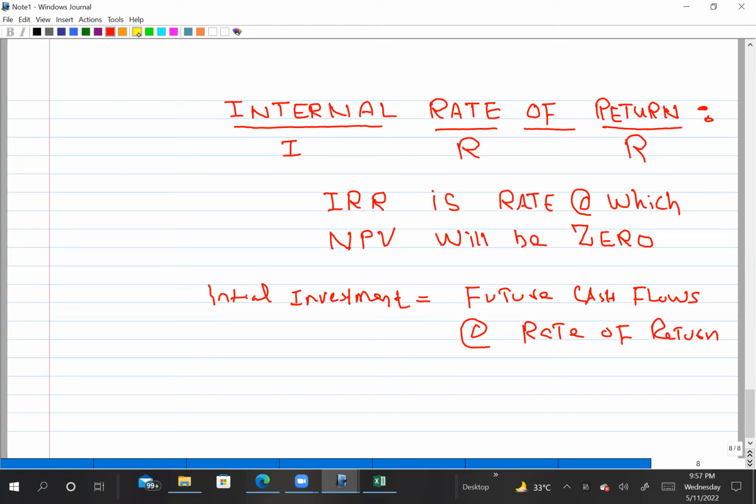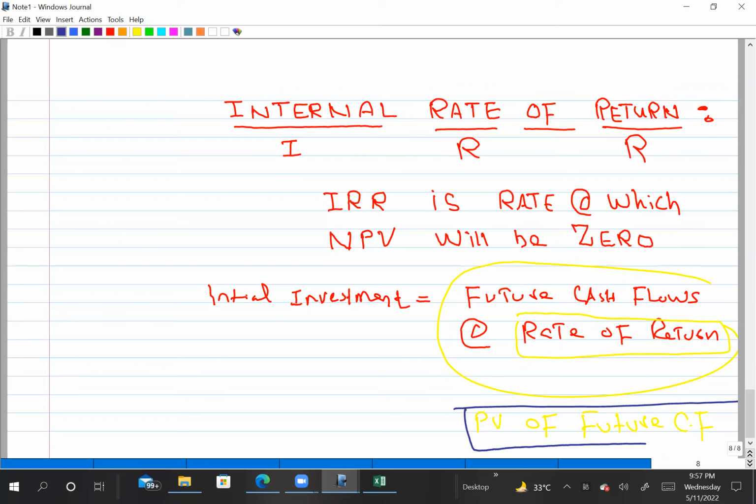So if we use that rate as a rate of return, that rate causes the present value of future cash flows to be exactly equal to the initial investment of the project. That rate of return will be known as internal rate of return, IRR of the project.